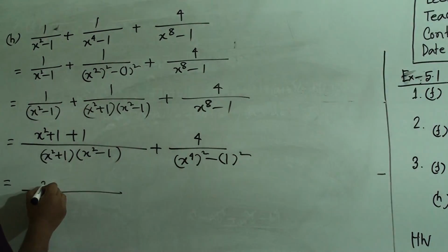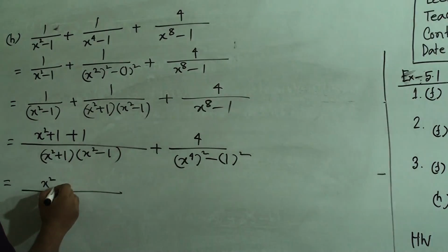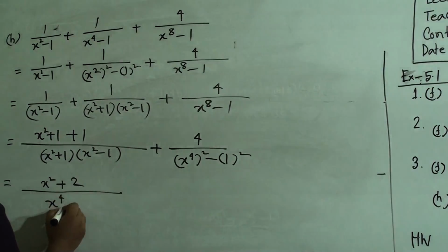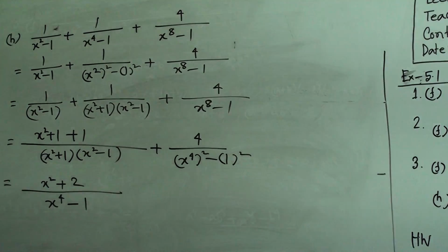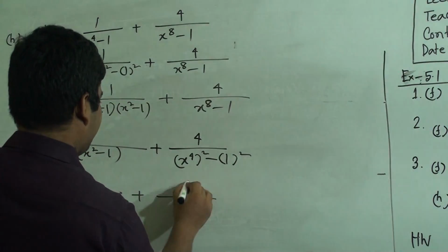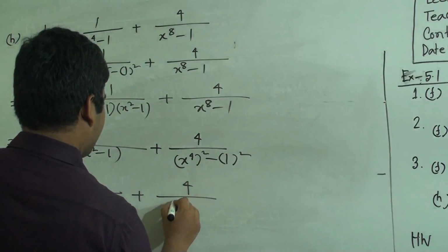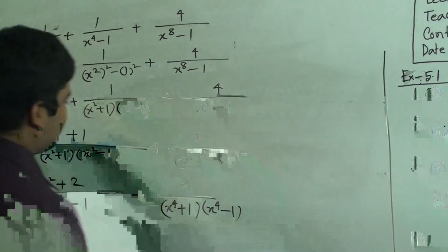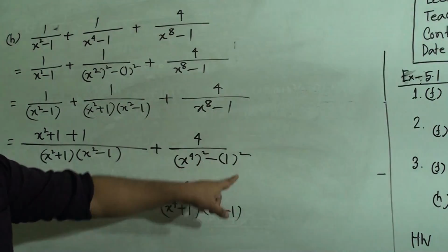Now x square and 1 plus 1, that means 2, and it is written as x to the power 4 minus 1, and 4 by x to the power 4 plus 1, x to the power 4 minus 1. So a square minus b square formula.